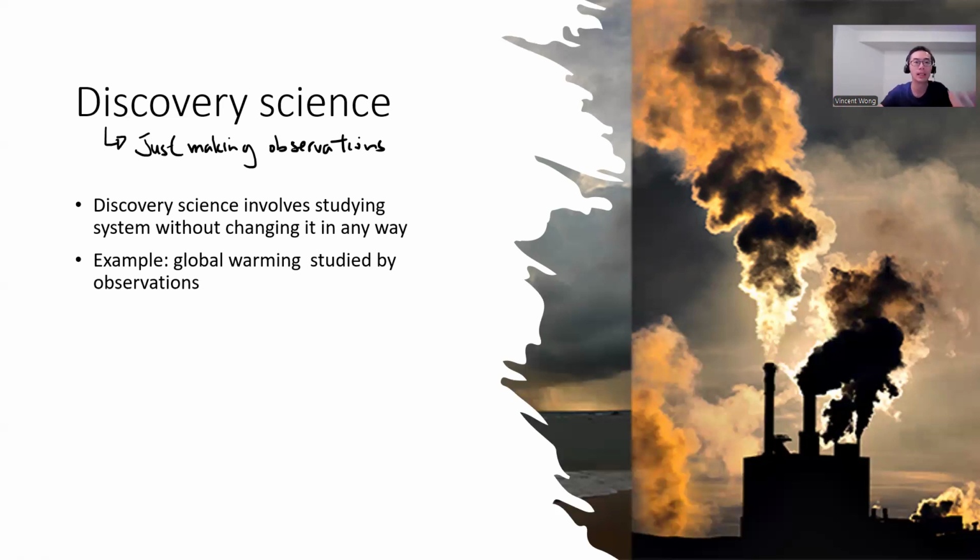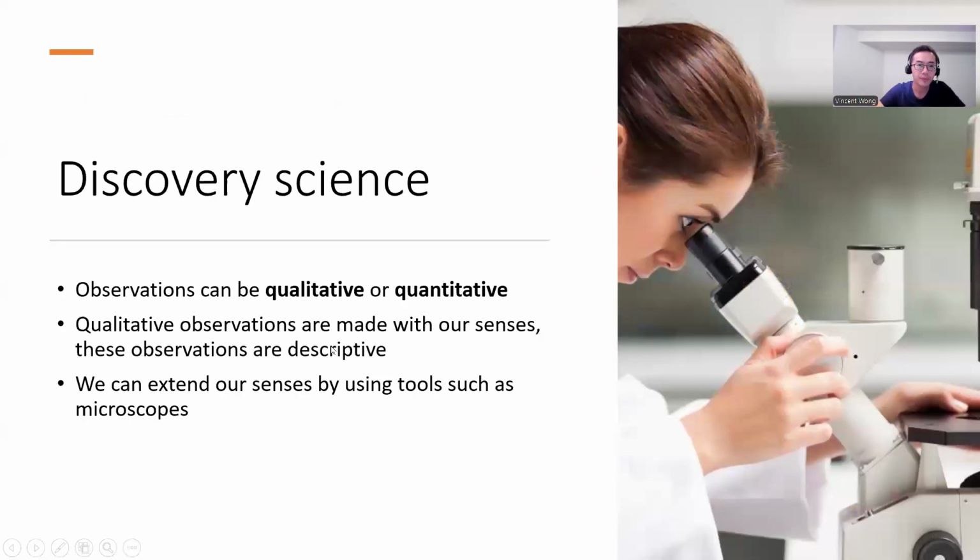That's basically what discovery science is, and it's useful and applicable in many situations, especially in situations where there's no way of changing the things that you're observing. Think of astronomy. If you're studying a faraway planet, all you can do is observe. Like you can't change anything about it. It's so far away, right? So that is discovery science.